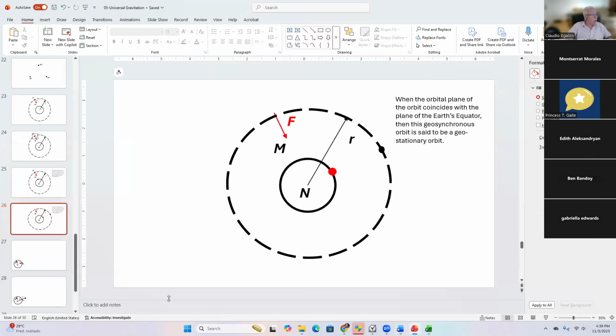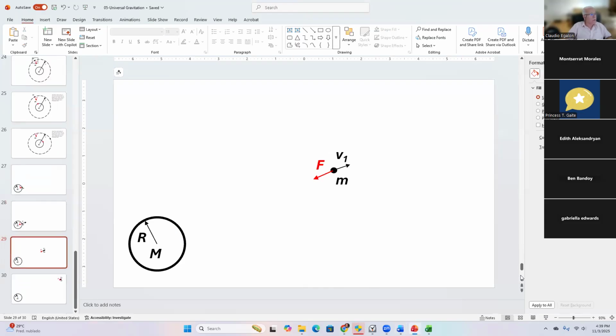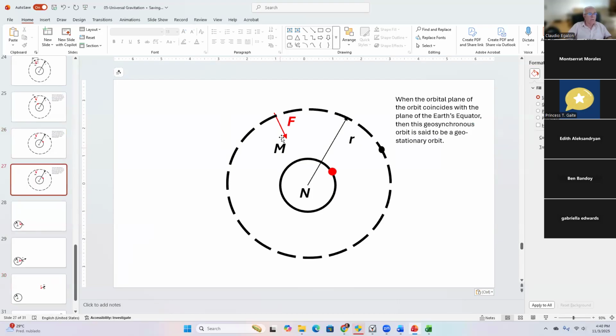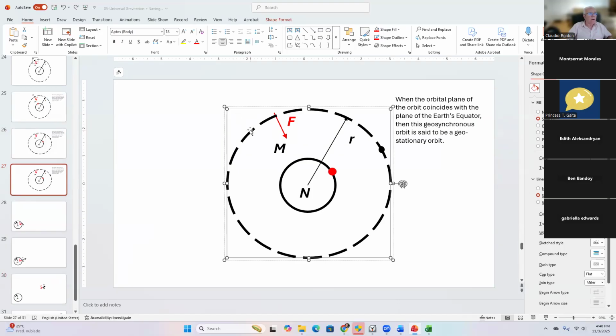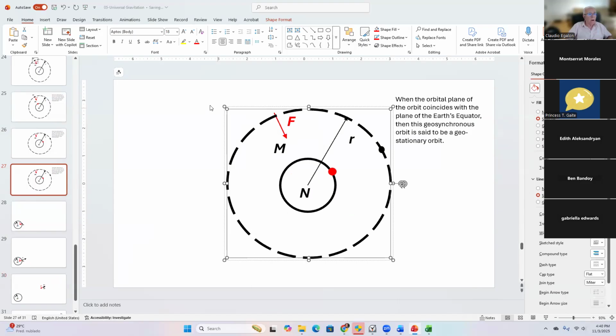I can even, let's see if I can draw it here for you. Let's see if I already have it. No, I don't have it. I have to do that from scratch. Okay, so I want to get rid of this. Group, send to back.